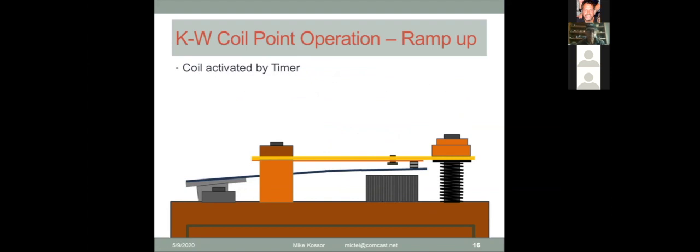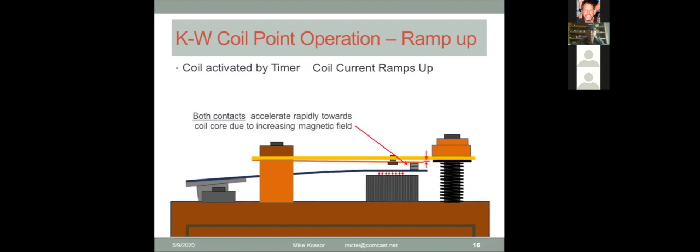As the timer comes on contact and the coil starts ramping up current, the coil is activated by the timer. Current ramps up. You'll see that both contacts are still connected together and they're both accelerating towards the core. That's what these little red arrows are, that the magnetic field is pulling down the vibrator spring.